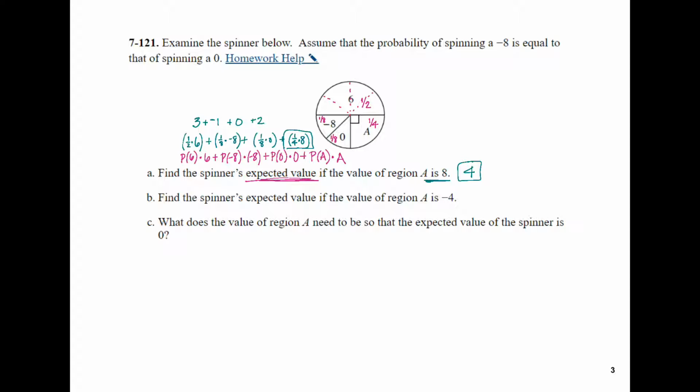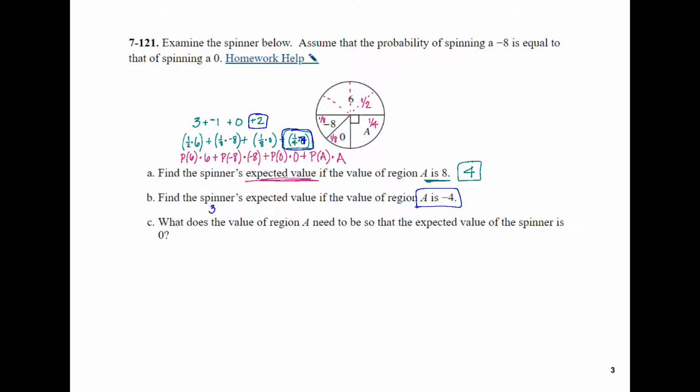So the next problem says find the spinner's expected value if A is equal to -4. So we're going to change this piece to evaluate the expected value for -4. So we're going to take 1/4 times -4 this time, which is -1.